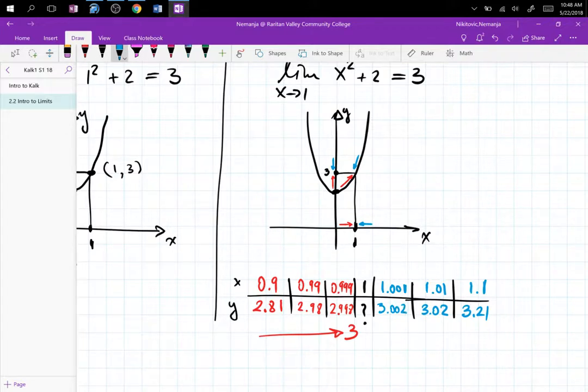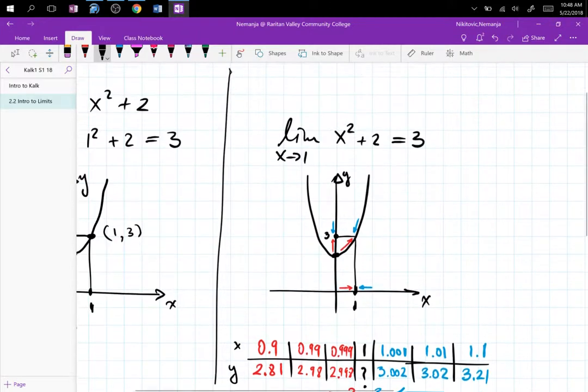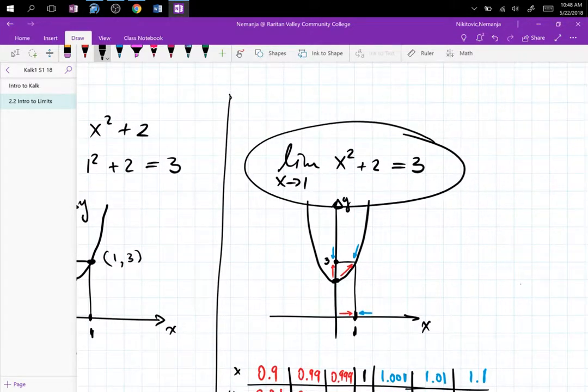So now you also see that trend for the blue is going towards 3. So red approach and blue approach are both pointing towards number 3. So what is the limit? The limit is 3. And that's our answer here. The limit of function x squared plus 2 at 1 is 3.